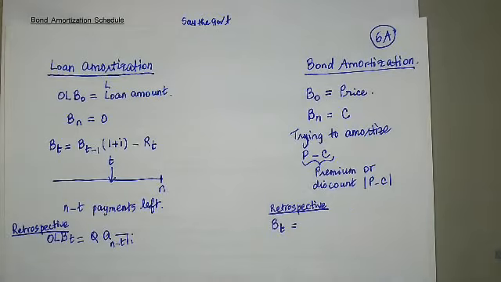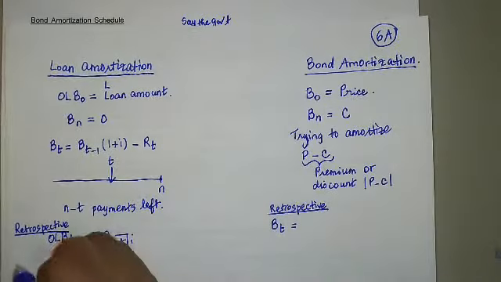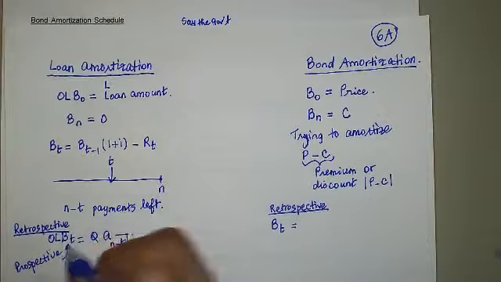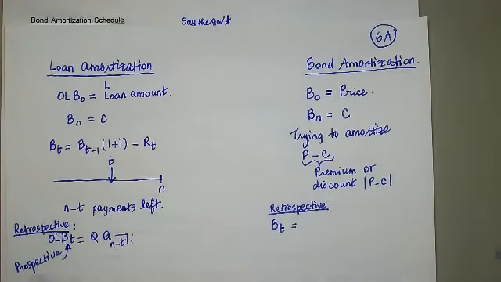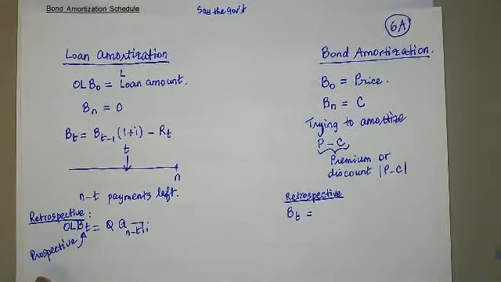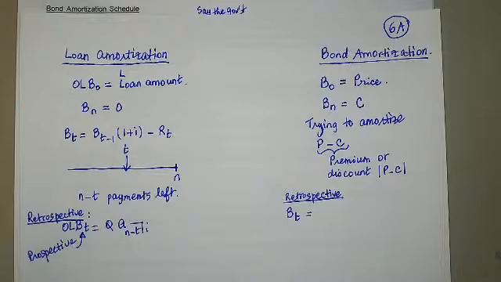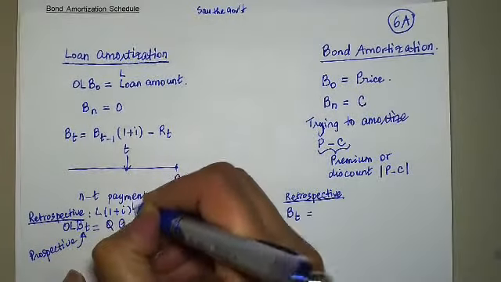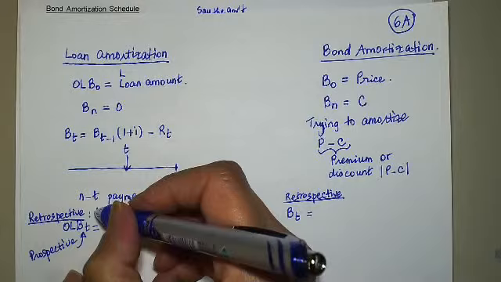Can you help? What was retrospective here? Maybe this will help you. What was retrospective in the case of the loan? This one is prospective, obviously. But what was retrospective in the case of the loan?